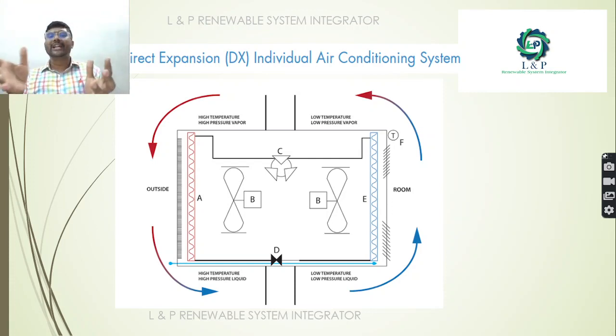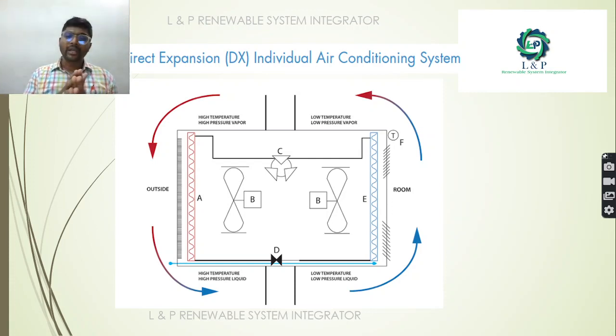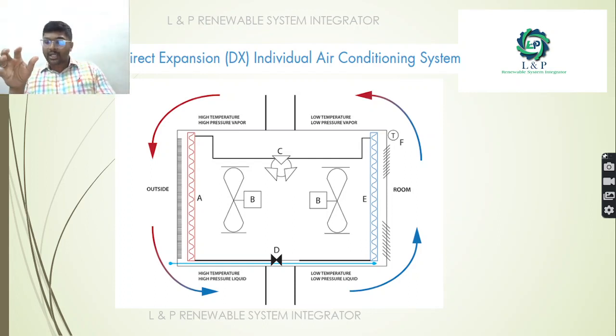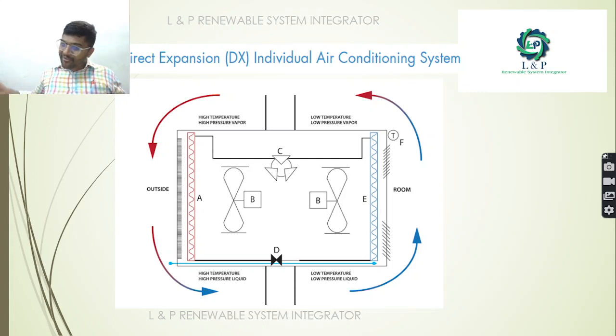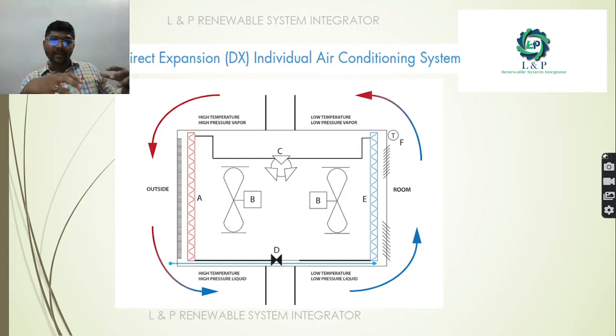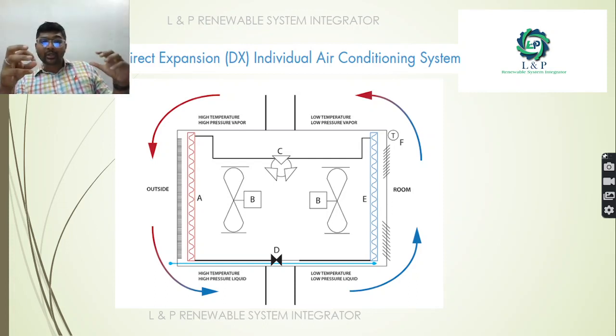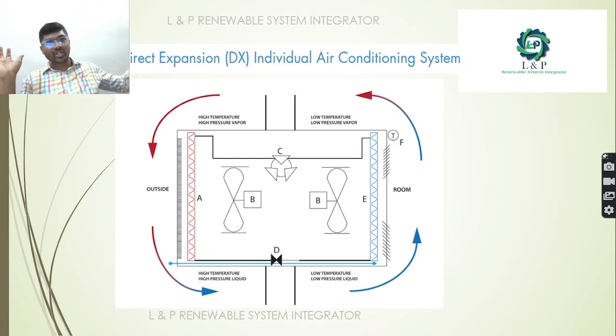We will be using refrigerants in most places. These are the low temperature, low pressure vapors, and these are the low temperature and low pressure liquids, which will take the heat away from the concerned room and send it out to the heat exchange area. What will happen? They will take the high temperature vapor from that room to outside.